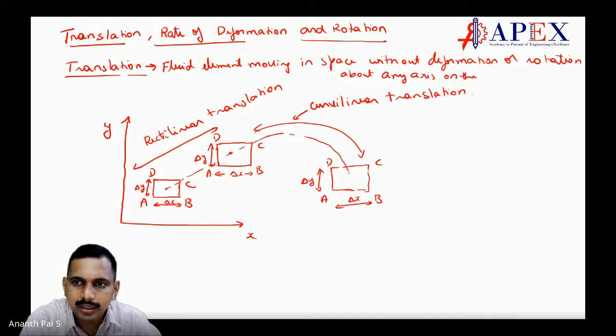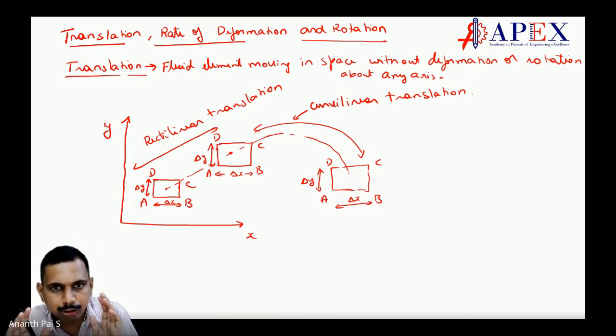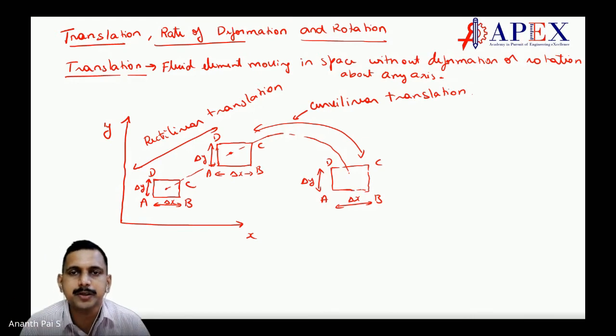The fluid element does not rotate with respect to any axis. In mechanics we have seen what is rotation, is it not, students? This is what is called translation. Any doubts here, students? There are two things: curvilinear and rectilinear translation.